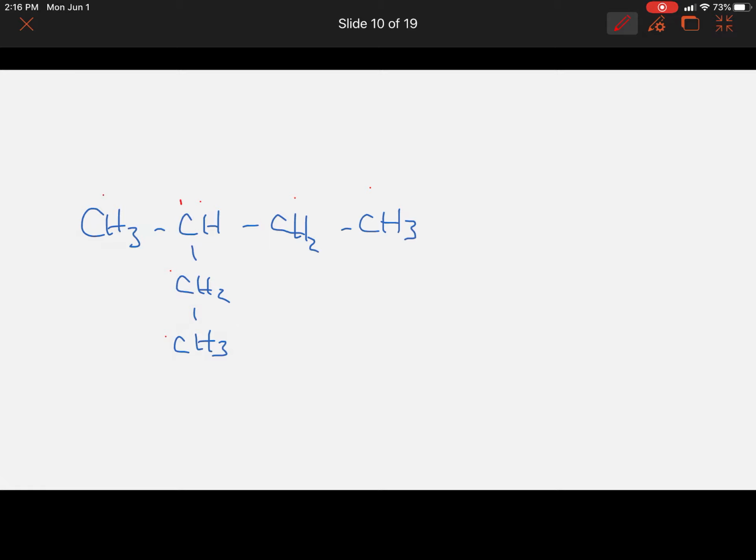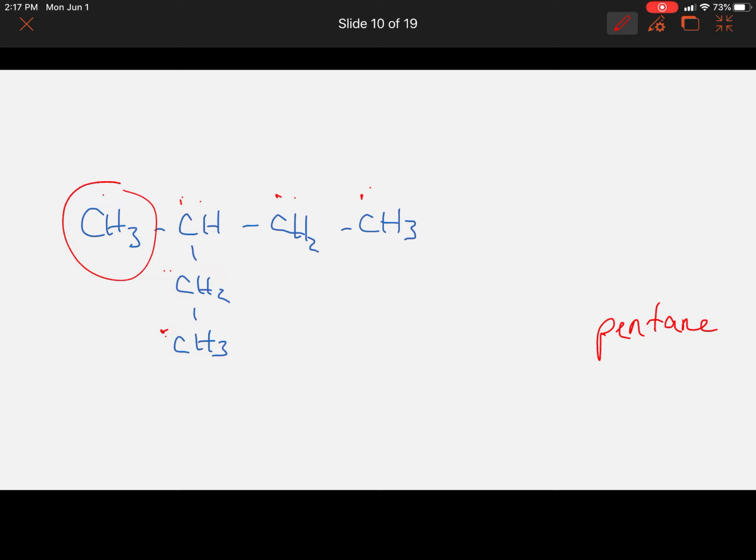You'd be wrong, because chains can bend. They just have to be continuous, which means you can't go backwards. But we can go 1, 2, 3, 4, 5. So 5 is my chain. This one is my radical. So my parent chain is pentane, 5 carbons in a row.